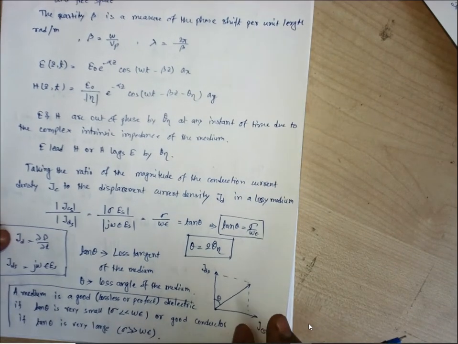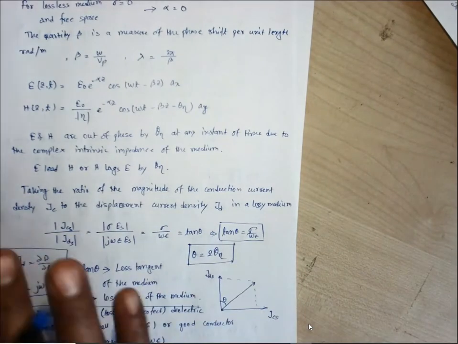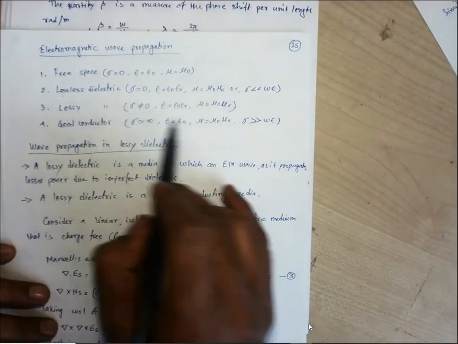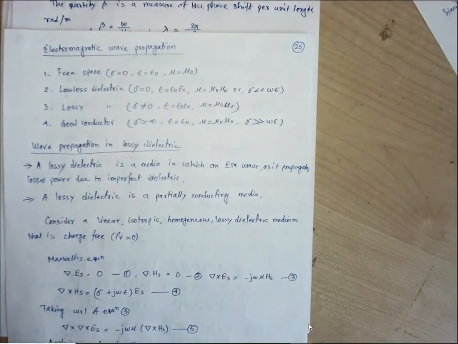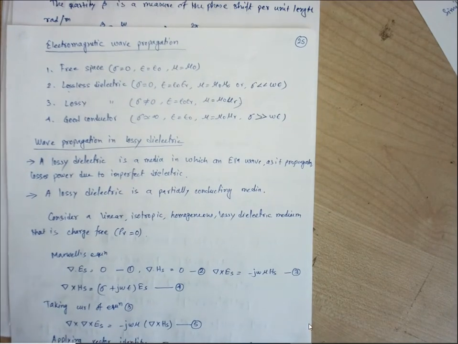Let us go with a lossless dielectric. Obviously, for this, on the expressions we have derived till now, if we apply our concept, we can easily find out the parameters: the expressions of the electric field and magnetic field, the attenuation constant, phase shift constant, the intrinsic impedance of the medium, whatever it is.